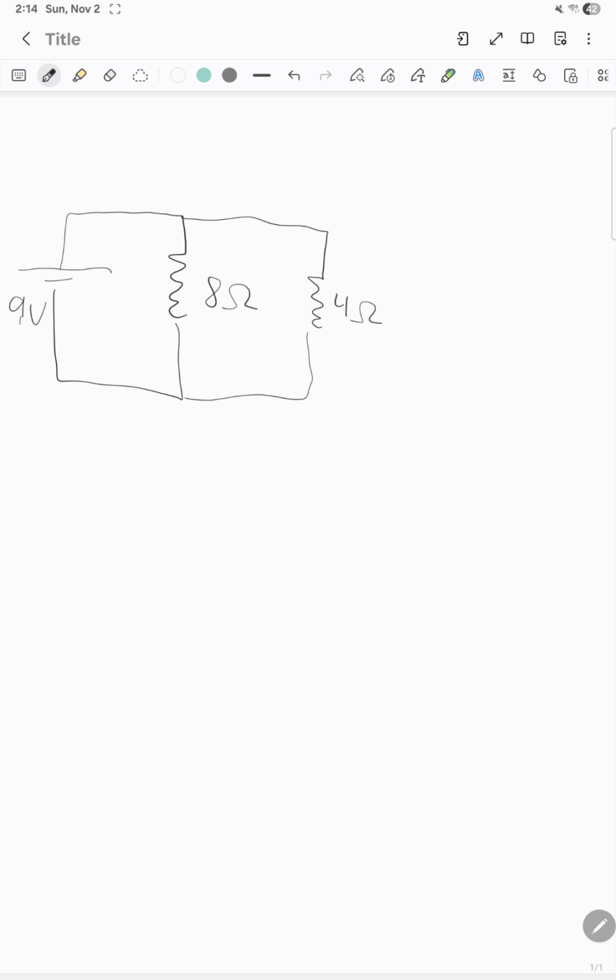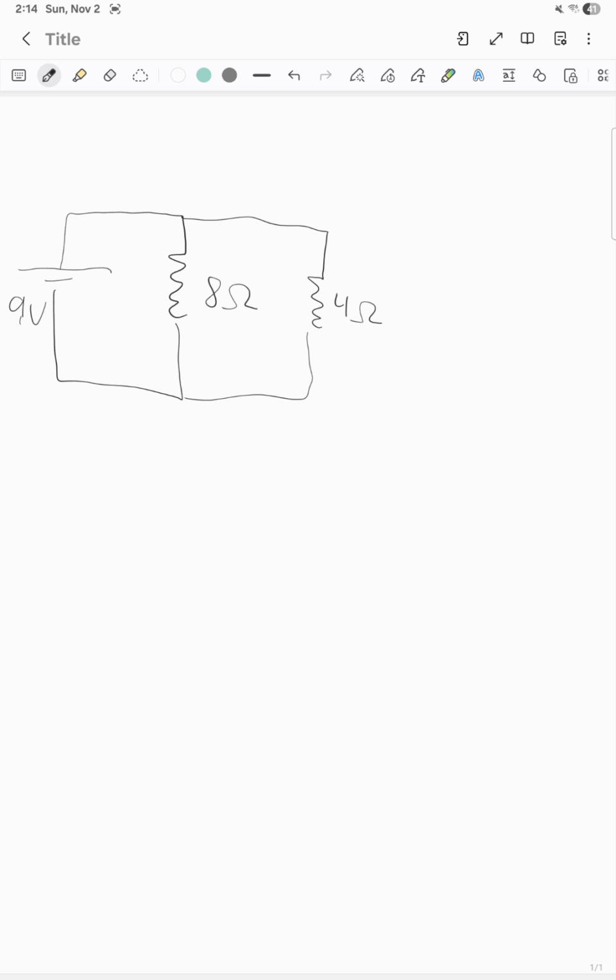So let's calculate everything we need to know about the circuit. Firstly, let's calculate the current, because the thing missing here is the current, and we could use Ohm's law to know what the current is.